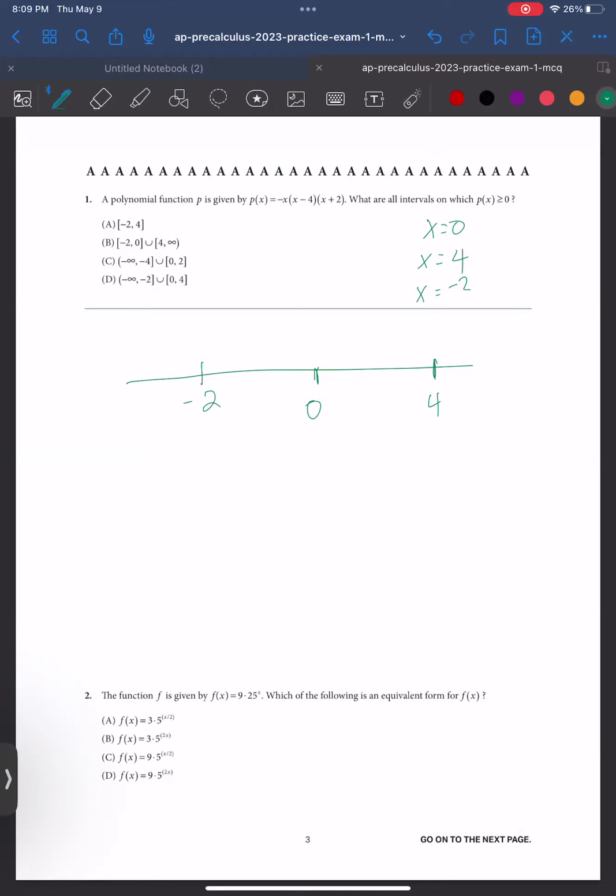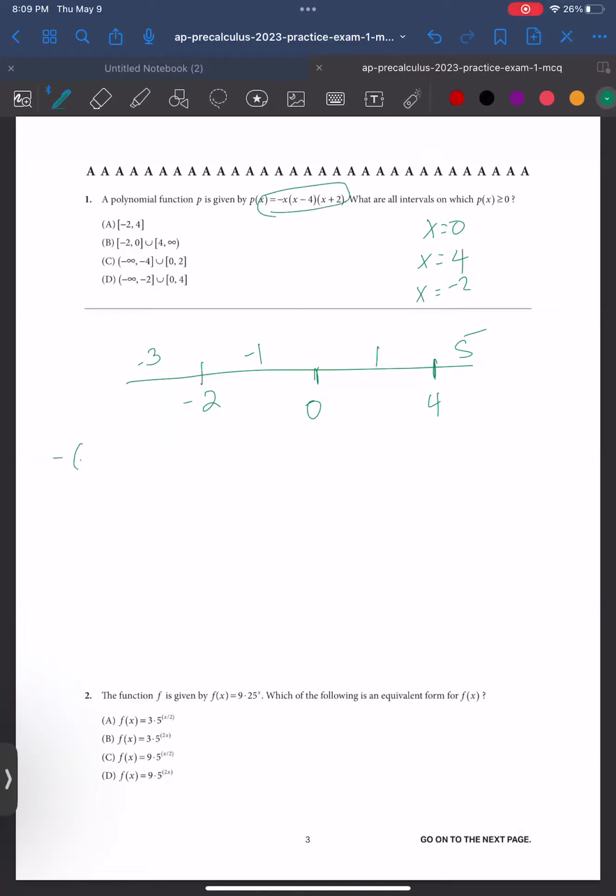So now they're saying, on what are all the intervals on which p of x is greater than or equal to 0. So I'm going to pick a number over here, one in between, and then one over here, and then one over there. I need one from each of those intervals because I have to test it. Now I'm just going to plug it into my function.